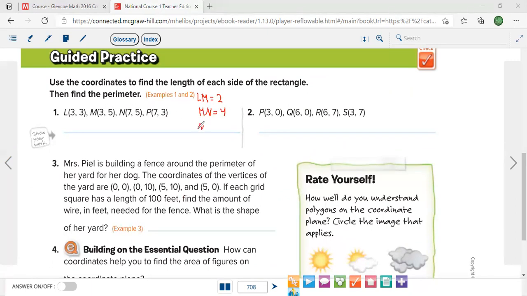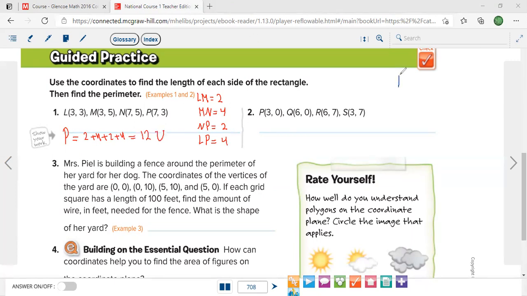NP. NP cancel out the 7, so 5 minus 3 is 2. Finally, LP. LP, cancel out the 3, so 7 minus 3 will give you 4 again. So perimeter equals 2 plus 4 plus 2 plus 4. This will give 12 units.